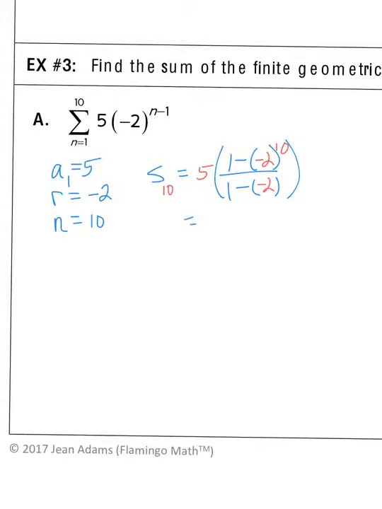So then, all right, so then I have 1 minus negative 2 raised to the 10th. So that's negative 1,023 divided by 3 is negative 341 times 5. So S sub 10 is equal to negative 1,705.